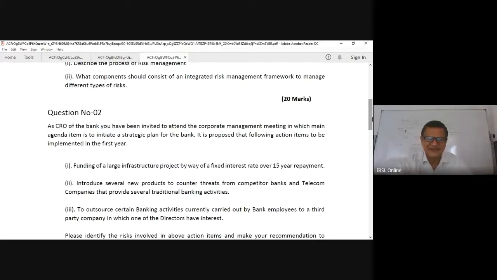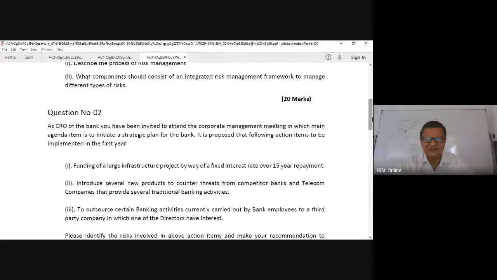The second one, introduce new products. Now in banks, we know we have certain branded products. We have very standard products like current accounts, savings accounts, fixed deposits. Apart from that, we have minor savings, we have special loan schemes.